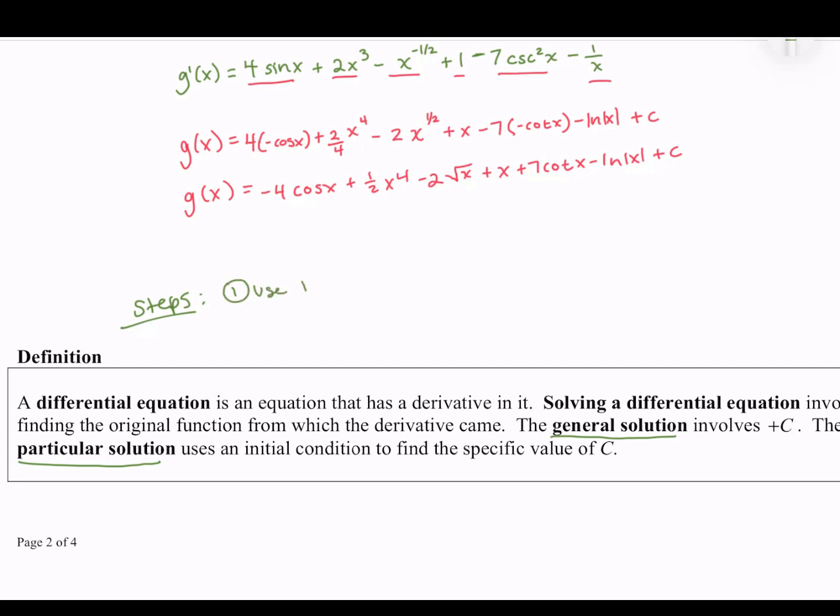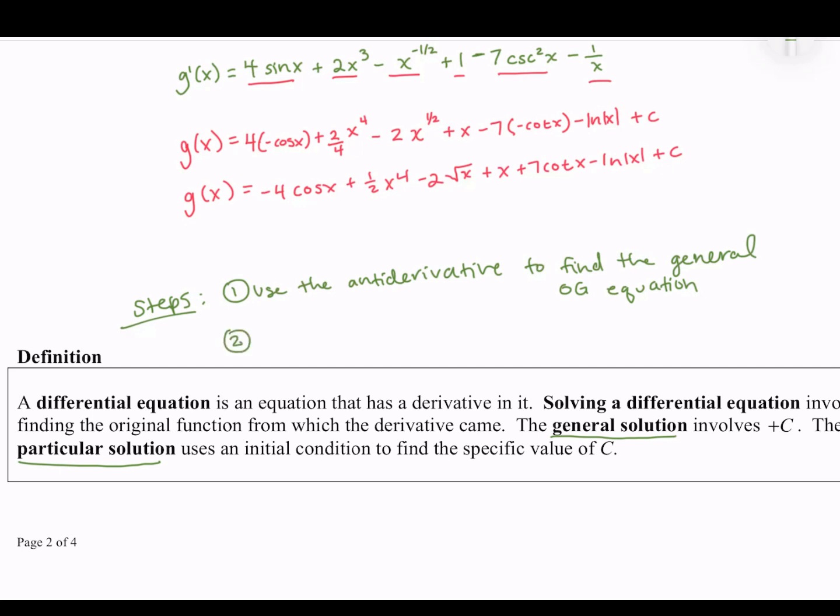So we're going to use the antiderivative to find the general OG equation, the original equation.